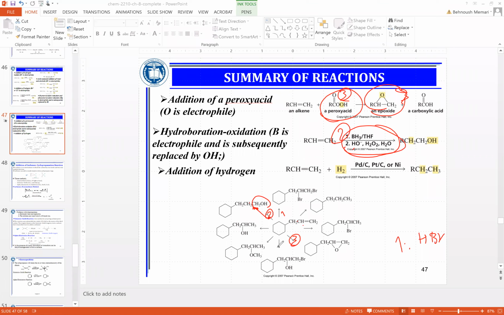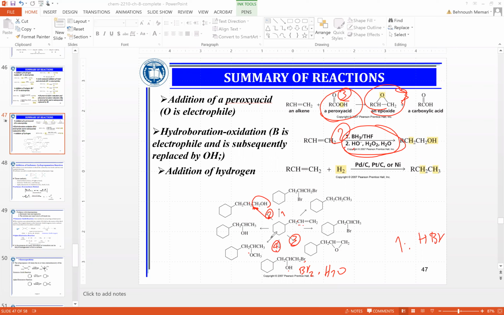And then in this case, let's say if this is 4, you're adding Br and you're adding OH. So it's going to be Br2 and then H2O, both of them. Addition of alcohol, and the addition is Markovnikov addition. So it can be alkoxymercuration. You have 2 chances.